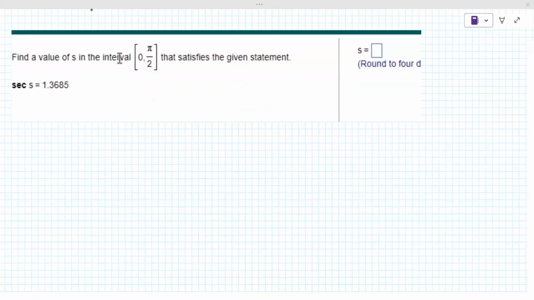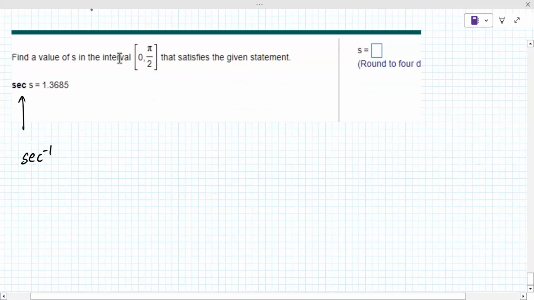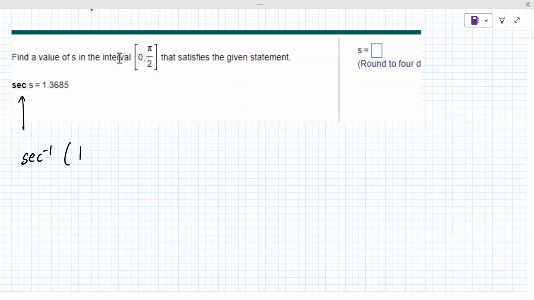Okay, so you can undo secant with what's called secant inverse. You can put that in a calculator. Desmos will have it, but you're going to take the secant inverse of both sides, 1.3685.